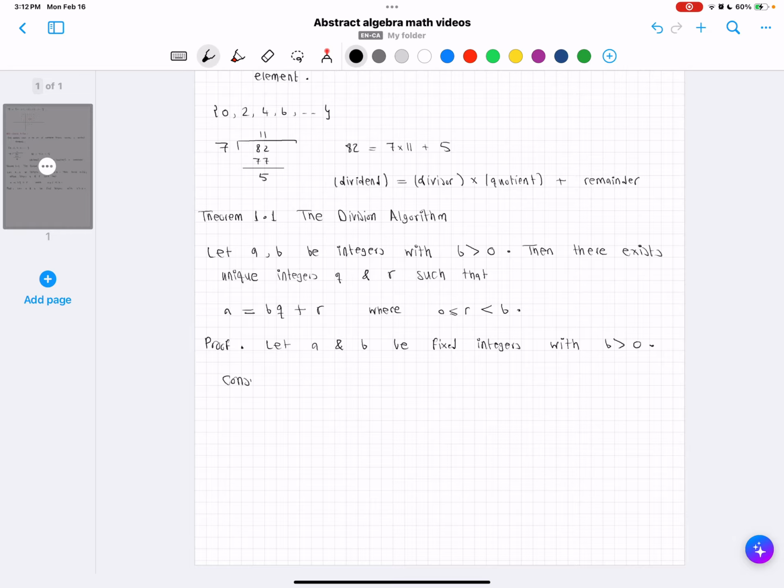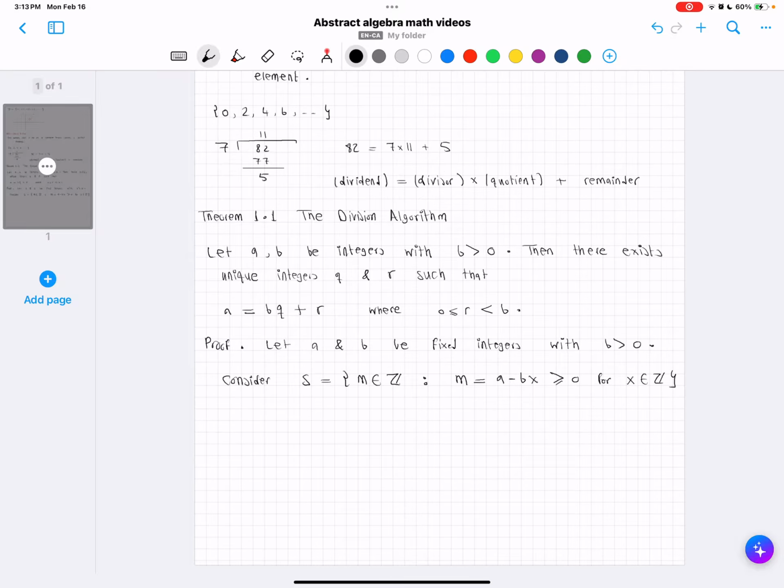Consider the set S, where S is the set of m belonging to Z, where m is of the form a minus bx, which is bigger than or equal to 0, for x belonging to the integers.